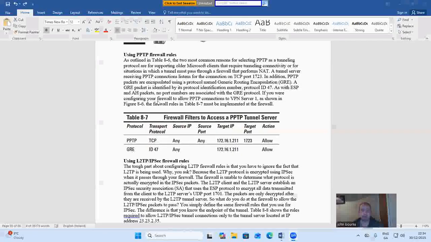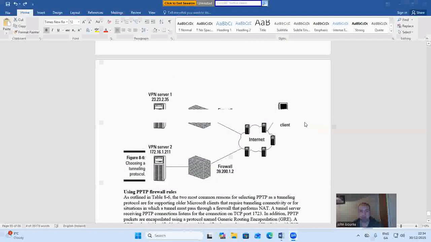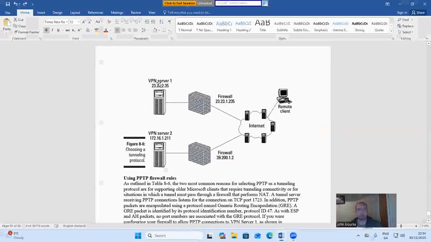If you were configuring your firewall to allow PPTP connections to VPN server 1 as shown in figure 8.6, the firewall rules in table 8.7 must be implemented at the firewall. So this is our picture here. VPN server 1 has the IP address 23.23.2.35.